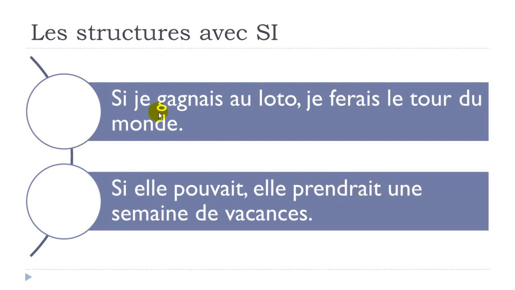But no, in French, keep in mind that si, then you will put this imparfait form, je gagnais, elle pouvait, and after that you will put this conditionnel présent, je ferais, elle prendrait.